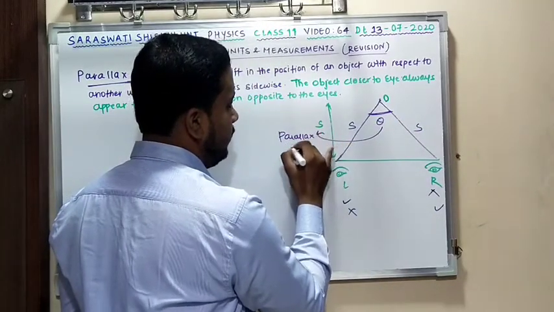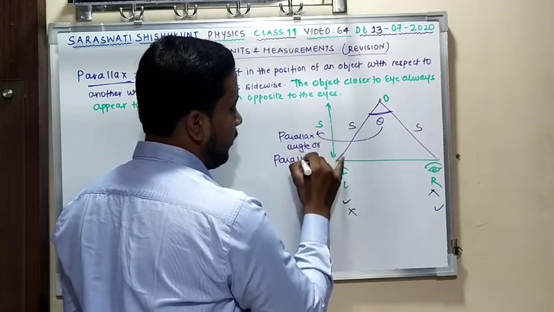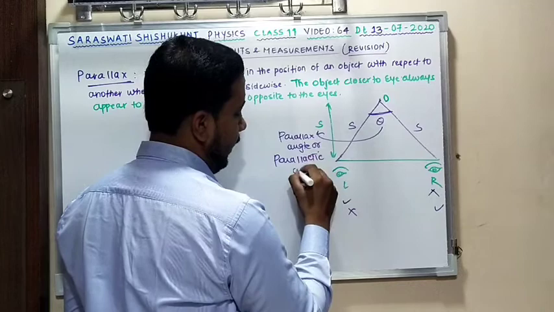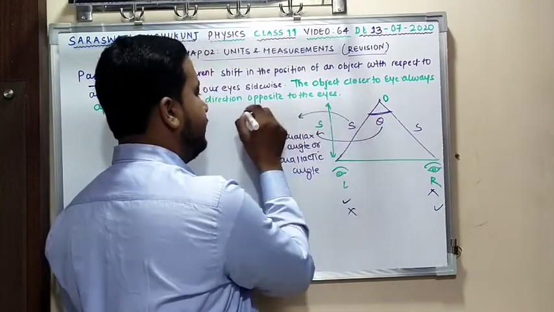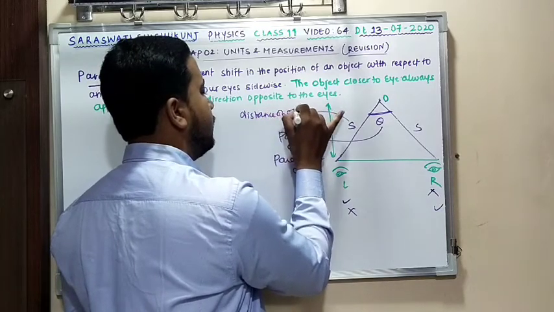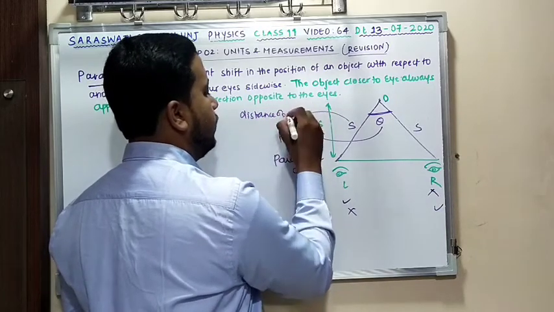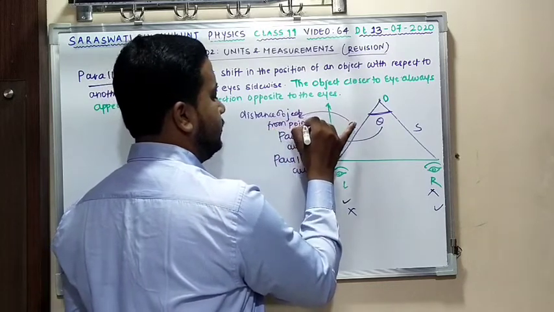Parallax angle or parallactic angle. Clear? This is the distance of the object from the eye. So you can write S is nothing but the distance of the object from the eye, from the point of observation.